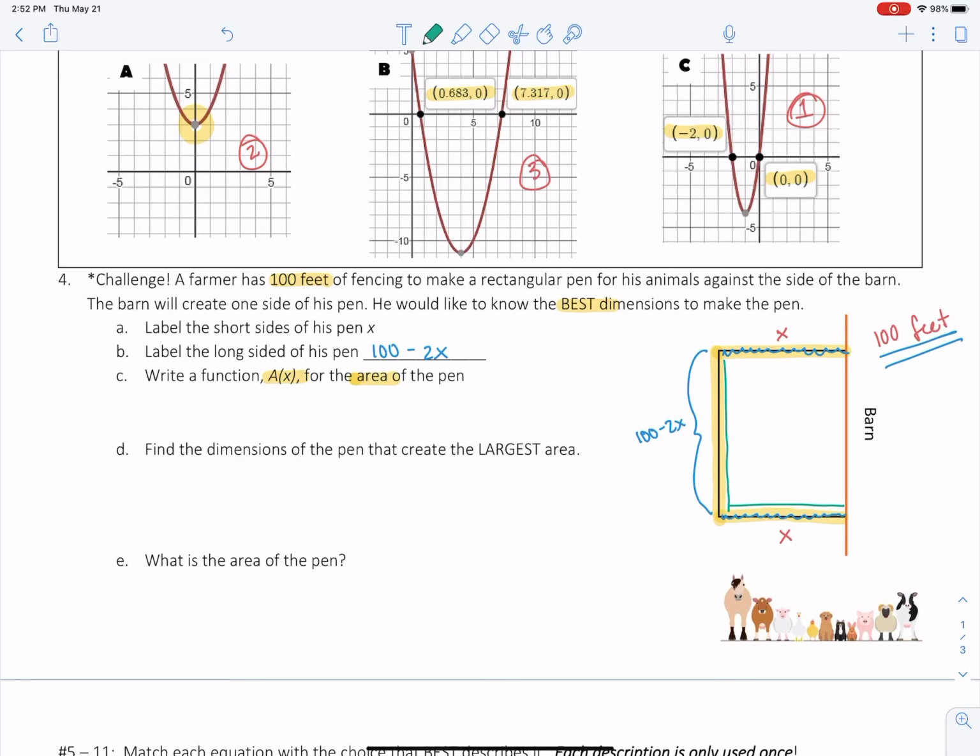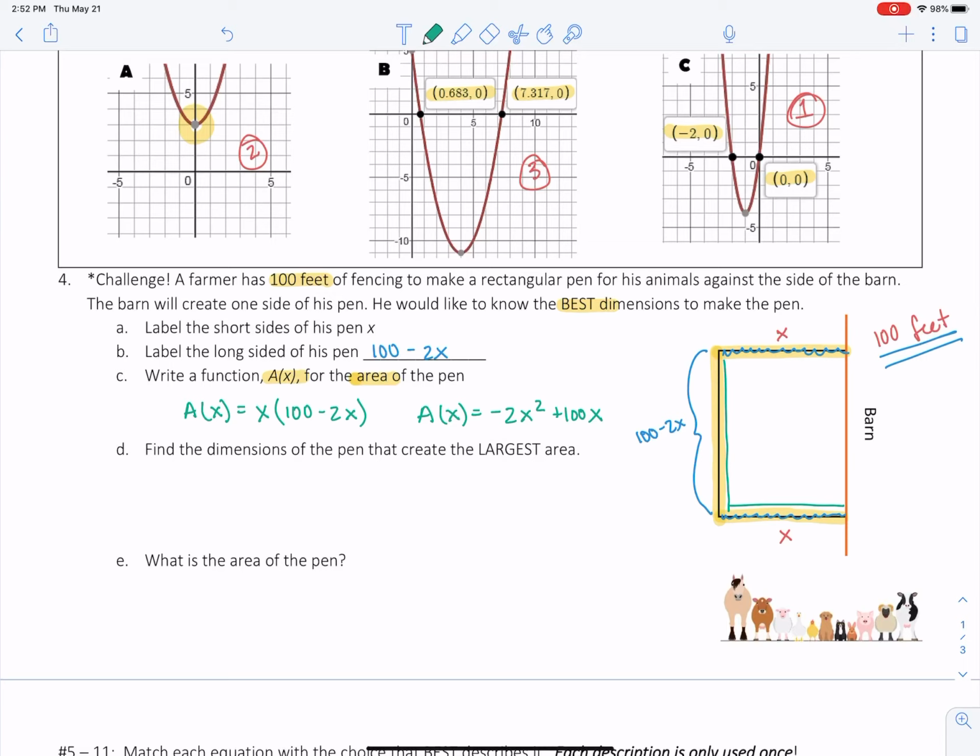And for our function, we have A of x is equal to x times 100 minus 2x. Okay, so when we simplify this guy, we have A of x is equal to negative 2x squared plus 100x.